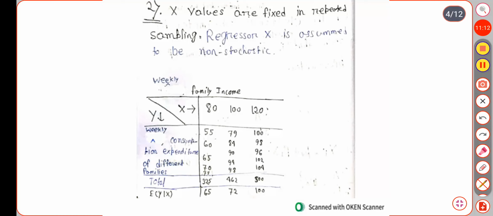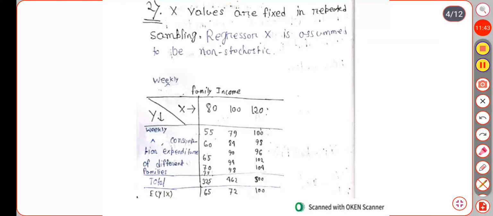Now there are 5 families in the first income group, 5 families in the second income group, and 5 families in the third income group. Now, what is y? Y is basically our dependent variable in the equation. What is x? It is our independent variable as far as we know. Y denotes weekly consumption expenditure, x denotes family income.